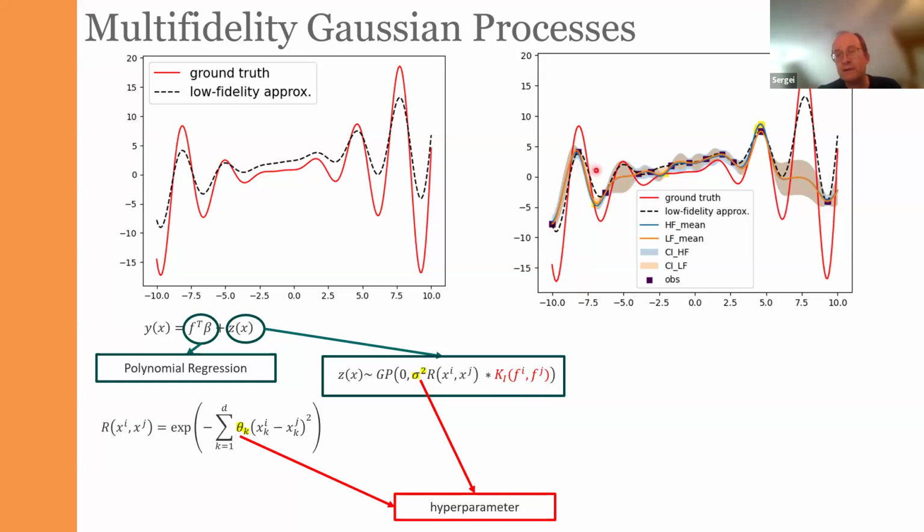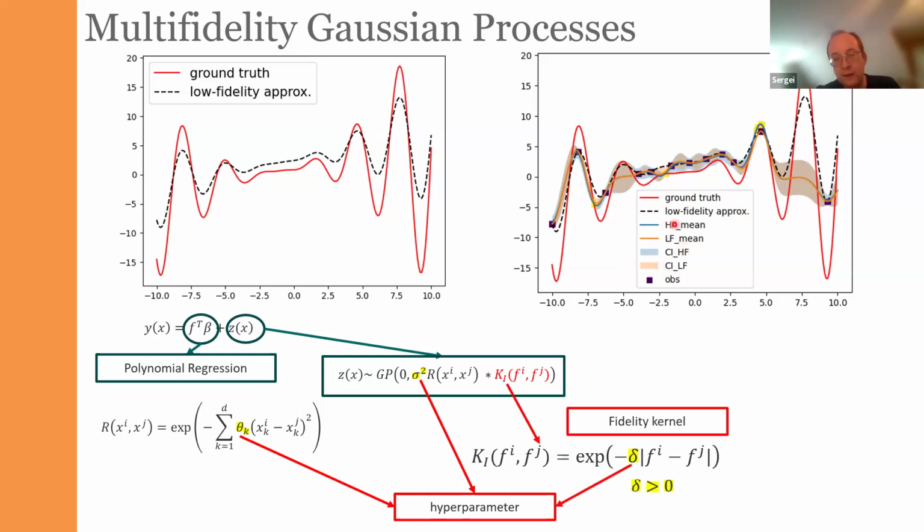And it tries to reconstruct the mean function for the low fidelity, the mean function for the high fidelity, and it builds the uncertainty intervals for both of them. And it obviously tries to reconstruct the multi-fidelity kernel that connects the two. So in our implementation, we use a fidelity kernel that looks something like this. It basically says that there is some exponentially decaying correlation between the two spaces.